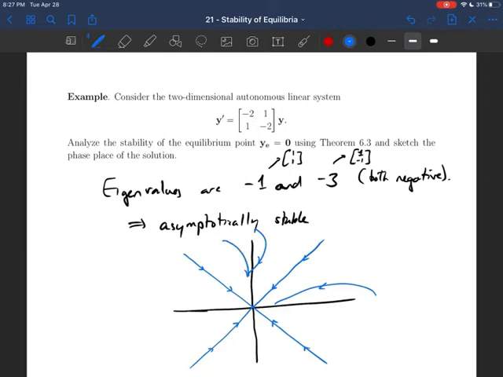It's asymptotically stable, so everything is going to move inward along this. And every other solution is made up of some combination of these things. So it turns out that all of the solutions are going to converge toward the origin. That was not a very good one. I have to clean that up a little bit. So let's see if we can fix that.